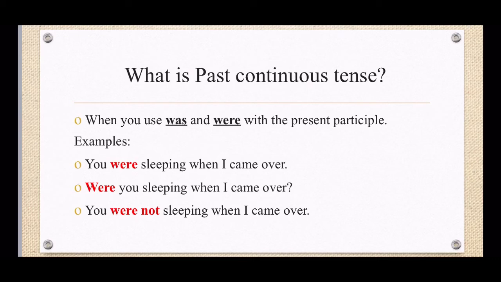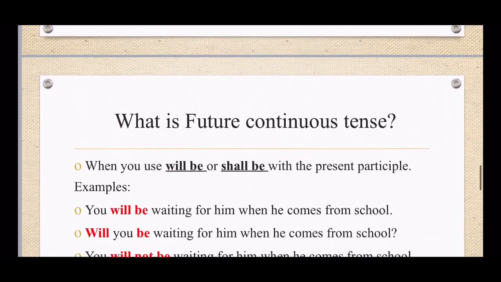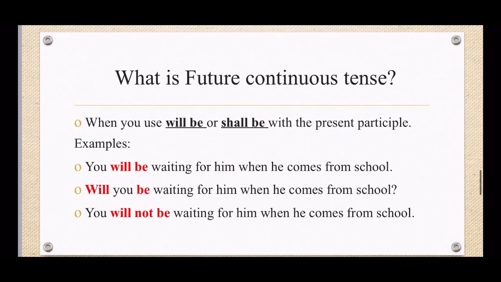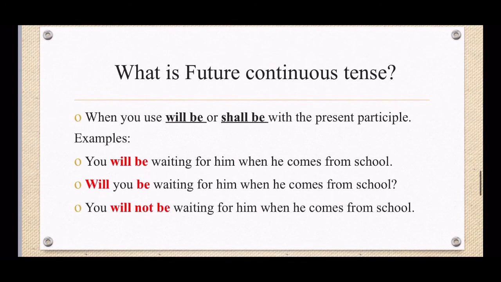See, I used sleeping. There's an ing at the end, and it comes after the was or were. Here, once again in my sentences, waiting. I'm using a present participle, right? And the will be is before waiting.